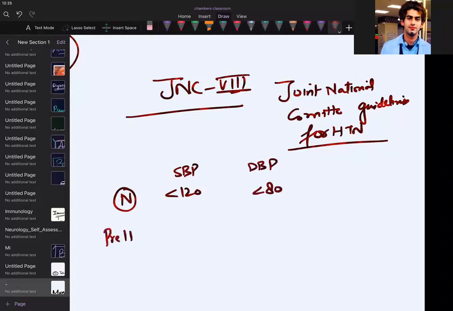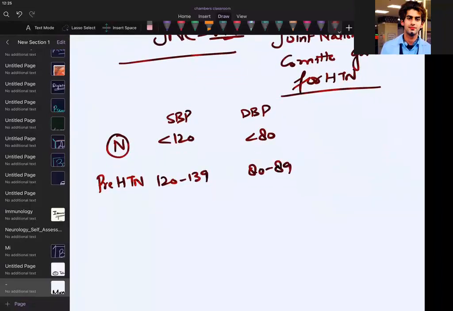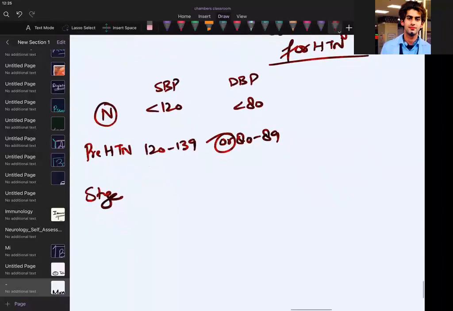Pre-hypertension will be 120 to 139 or 80 to 89. If they have a systolic BP of 120 to 139 or a diastolic of 80 to 89, please remember this 'or'.